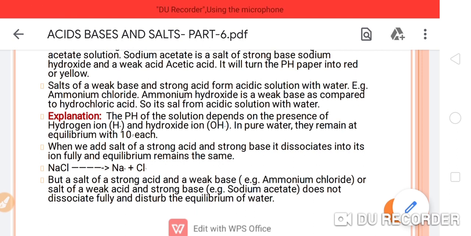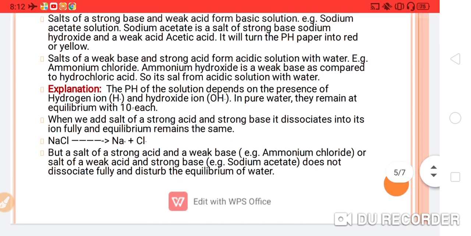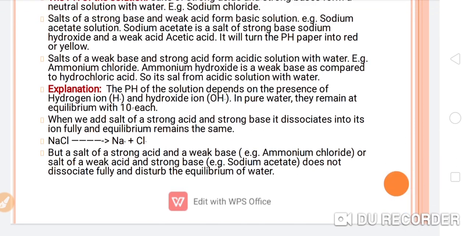Okay, let's see the explanation. The pH of the solution depends on the presence of hydrogen and hydroxide ions. H positive ion or hydroxide ion in pure water remain at equilibrium with 10 to the power of minus 7 each, like that is the pH 7.